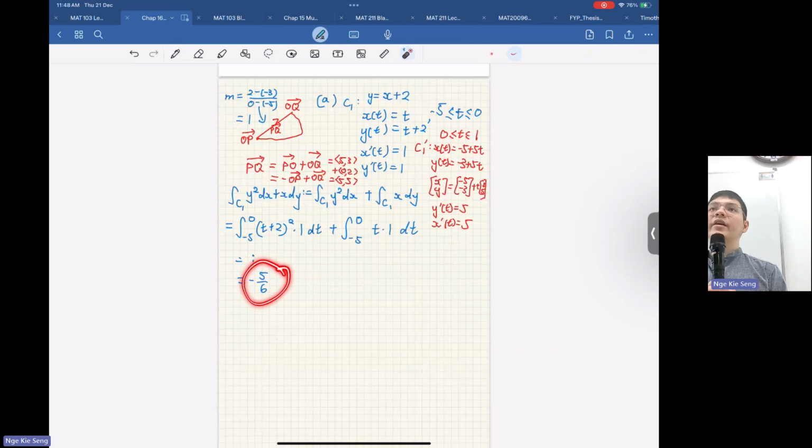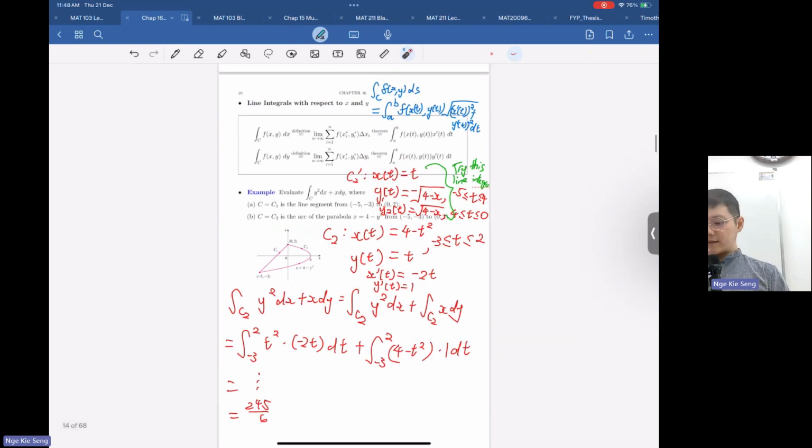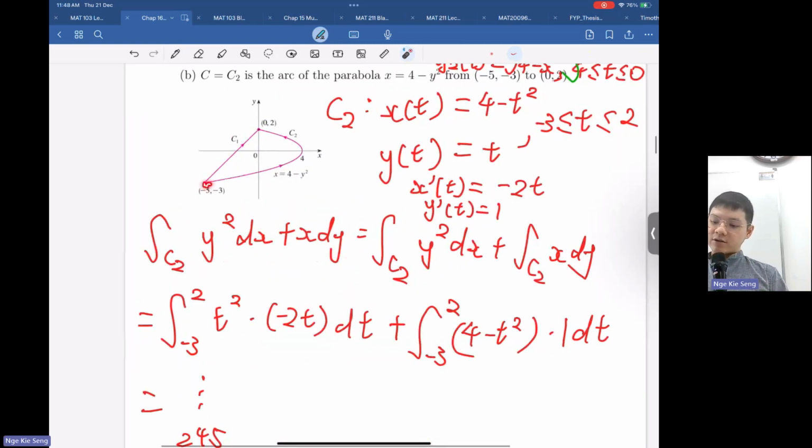Minus 5 over 6. Okay, so what it says here is even though these two curves have the same endpoint, they might not integrate to the same number.